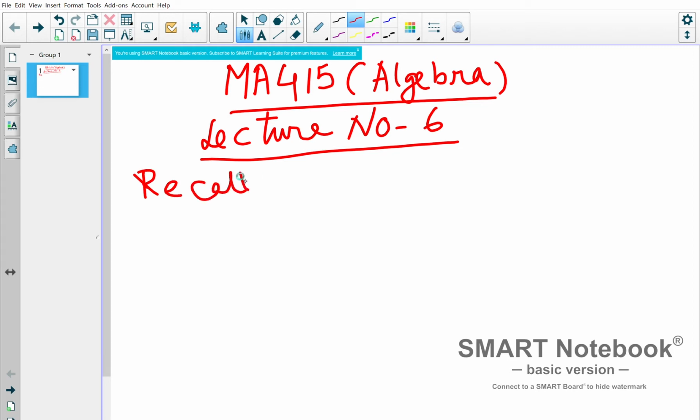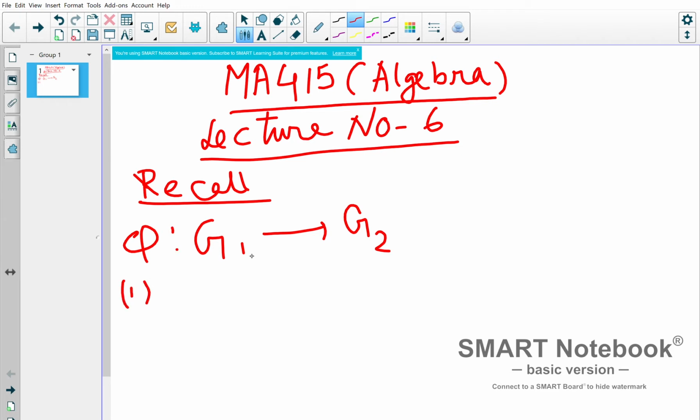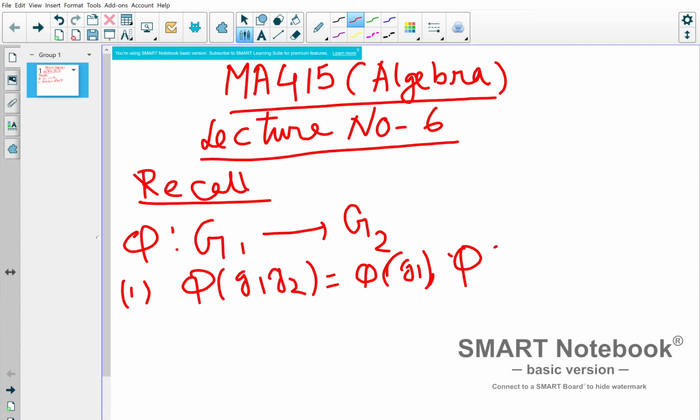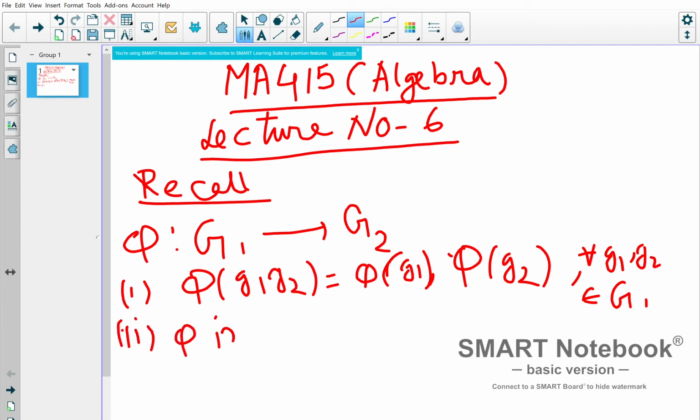Just to recall. So you have two groups G1 and G2, and you say a map is an isomorphism if, one, this map is a homomorphism. So what does that mean? That means phi of G1 G2 equals phi of G1 into phi of G2 is true for all G1, G2 inside capital G1, and two, phi is bijective.